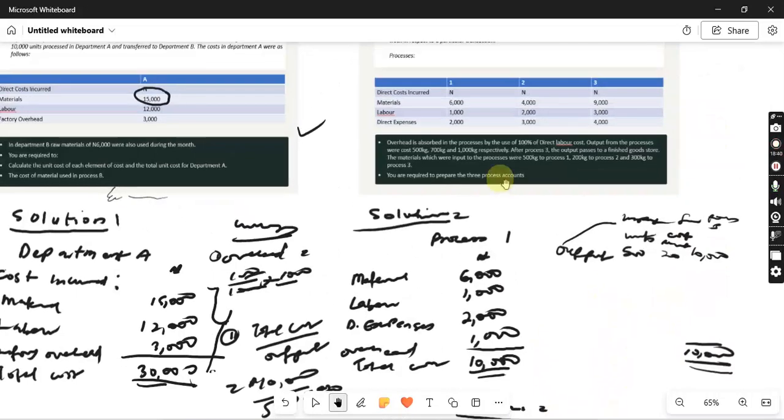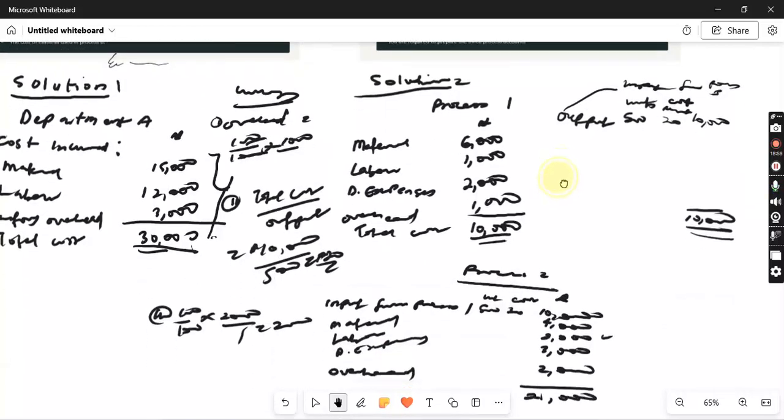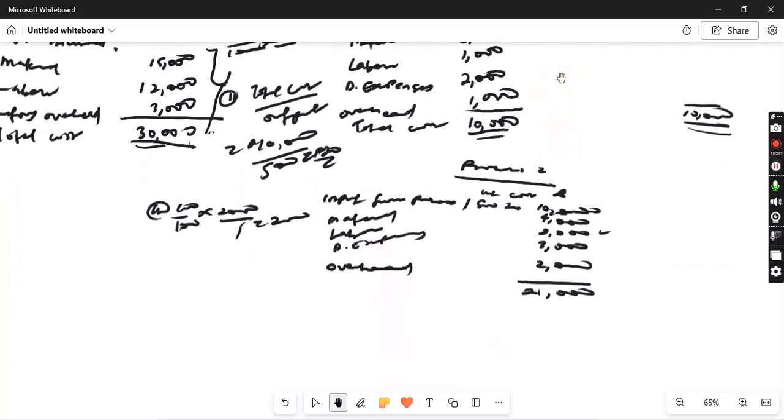Let's go back to the question. The output from the processes were 500 kg, 700 kg, and 1,000 kg respectively. This means that for process B, its output is 700 kg.